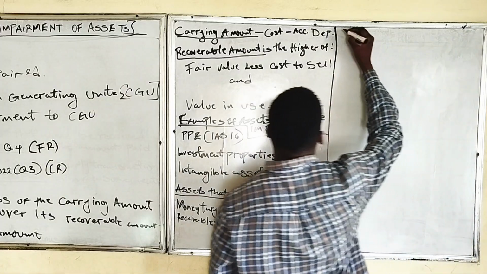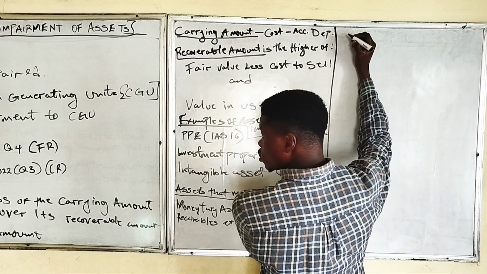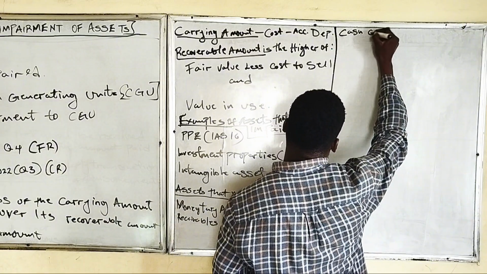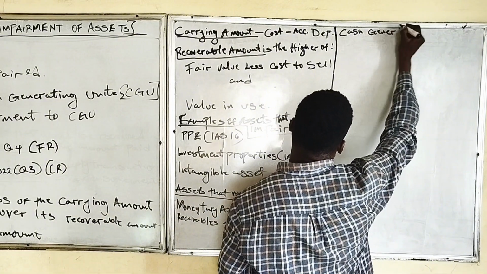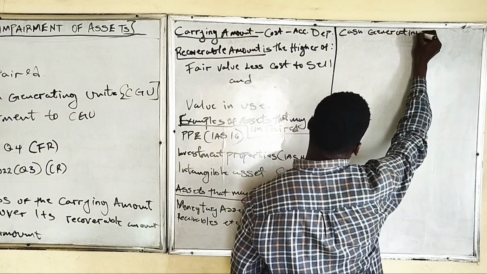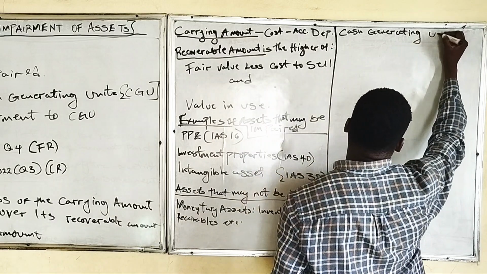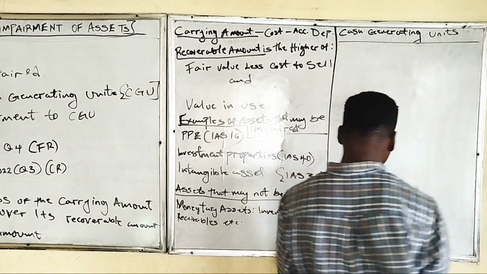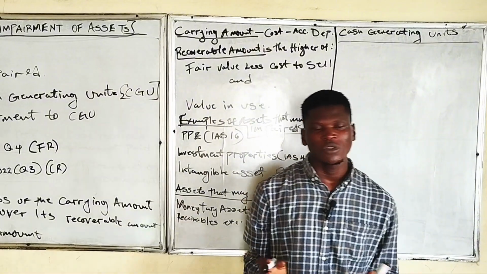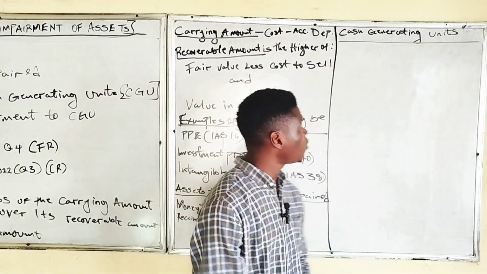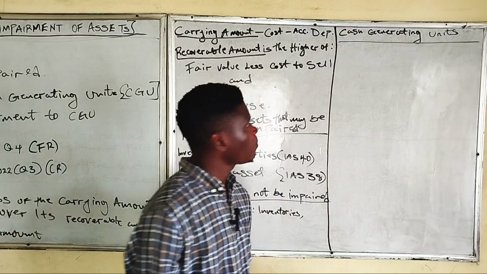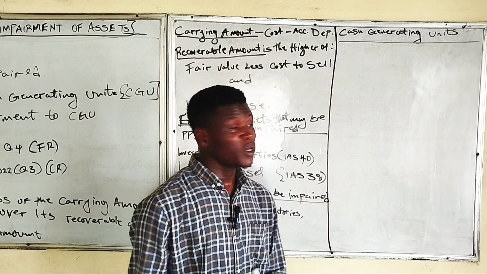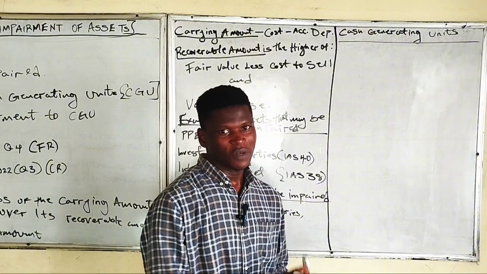We have the impairment of cash generating unit. Cash generating unit. So cash generating units are the smallest unit of identifiable net asset, which brings in or generates cash flow independently from other groups of assets.